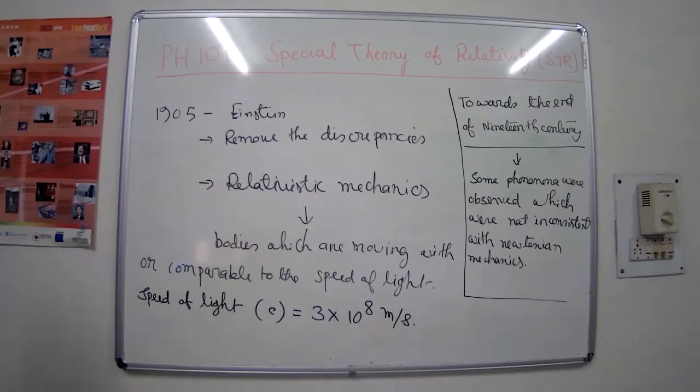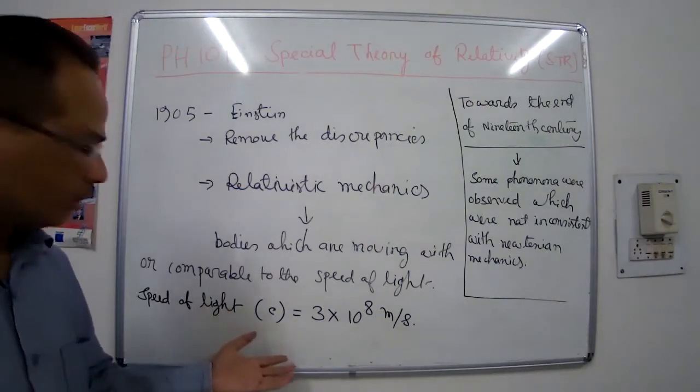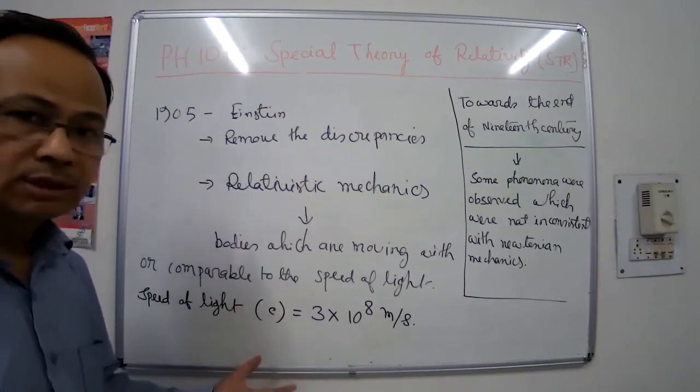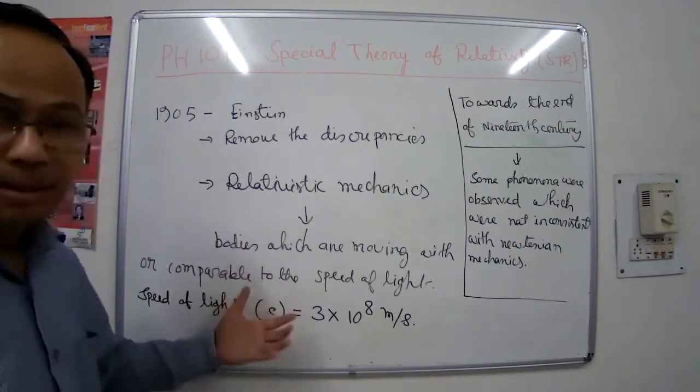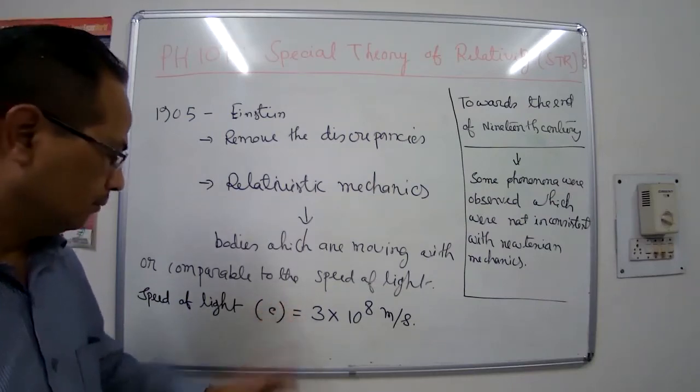So when I say that a body has to travel comparable to the speed of light, then I am talking about c, or maybe half of c, or 1/3 of c. Only those numbers can be considered as comparable to the speed of light.